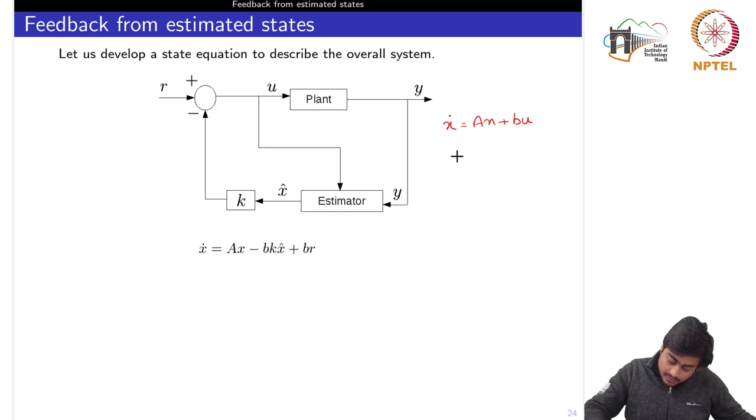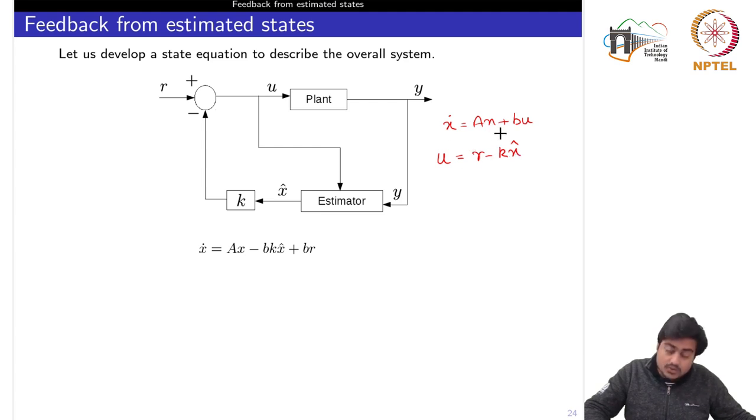And we write u is equal to r minus K x hat, right? So now this is the plant, the actual plant, and this is the controller, that instead of having this x, we are supplying it x hat.